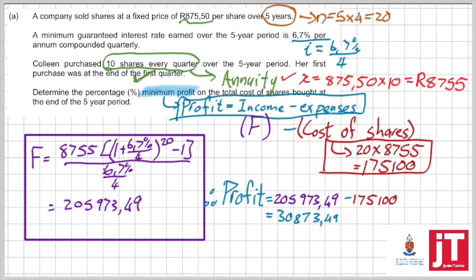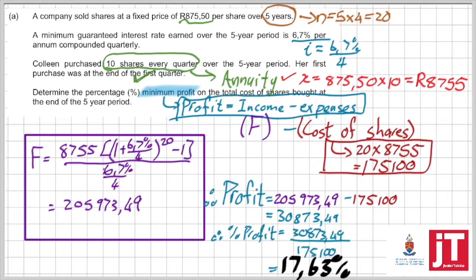This is not the final question. The question actually says percentage profit. Now, how do I calculate percentage profit? Percentage profit is going to be the profit over the cost.